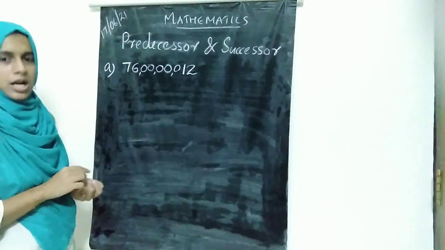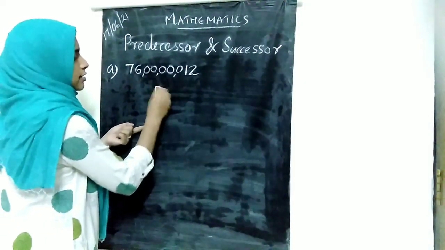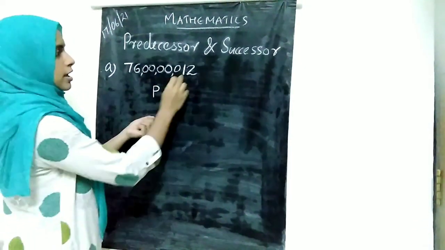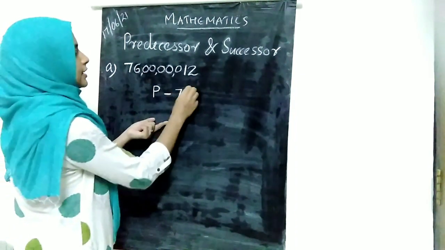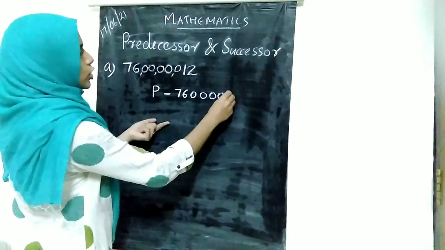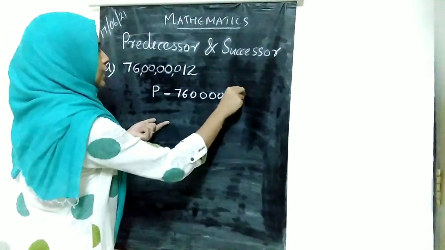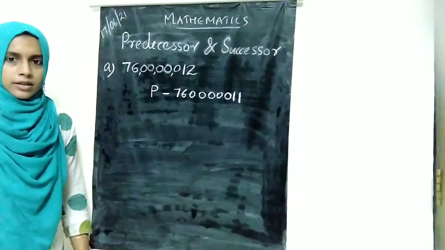How will you find the predecessor? We can write it as P for understanding. You subtract 1 from this number, so we get 76 crore 11. 12 minus 1 is 11.